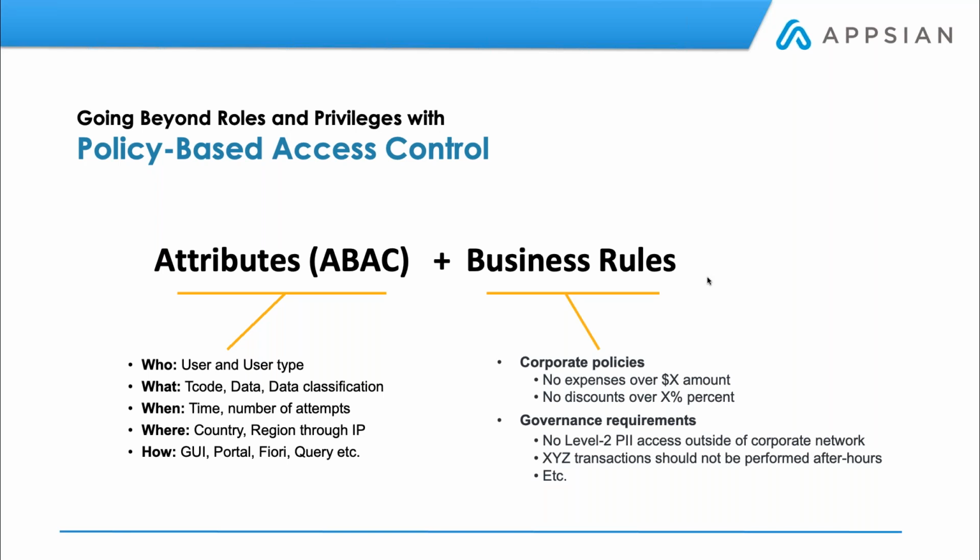And we're going to look at the business rules, corporate policies: no expenses over X amount, no discounts over X amount or percentages, and those types of things. Governance: no access to PII outside of the corporate network, level 2, level 1, you define it. No transactions should be performed after hours. Why is that important?